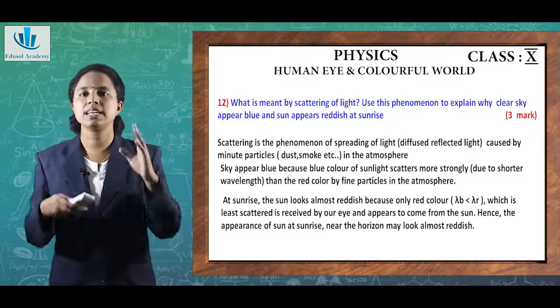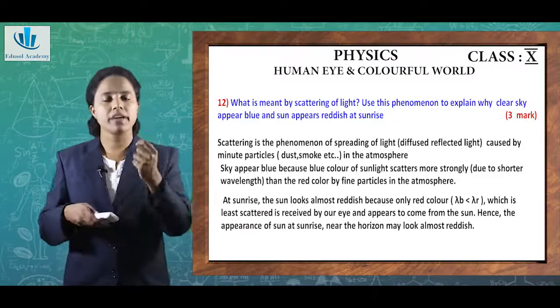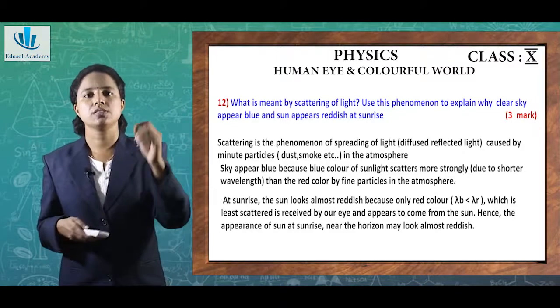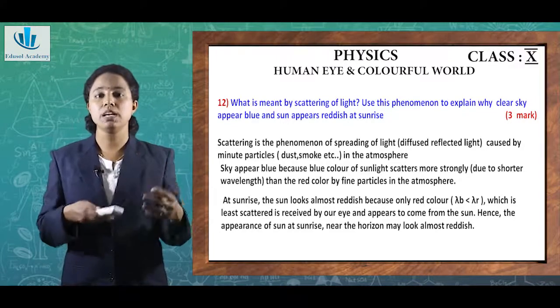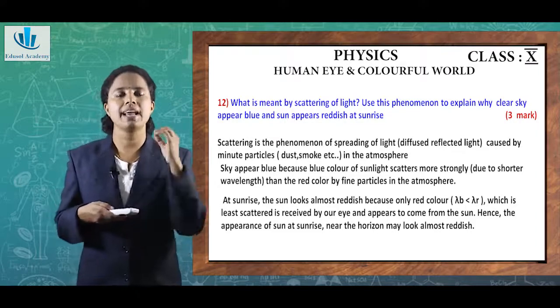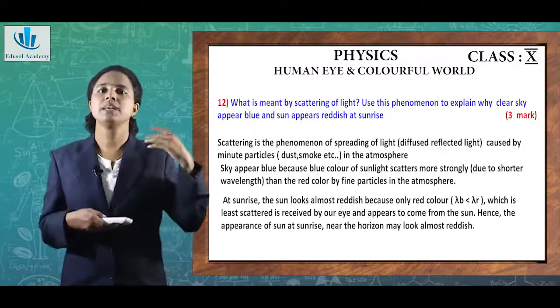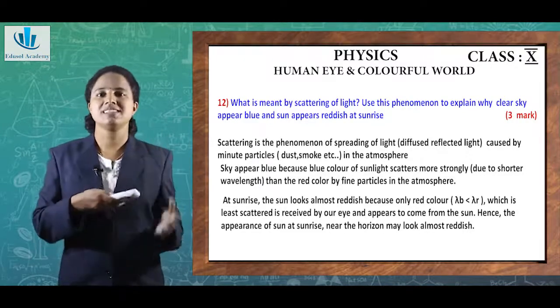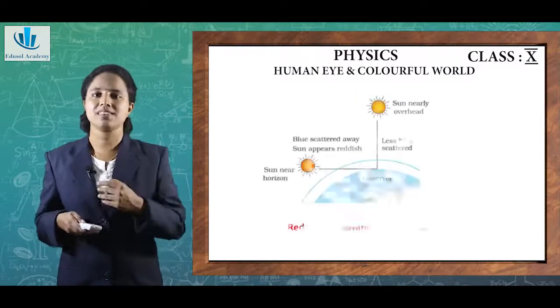So, the red color will be least scattered and it is received by our eye and it appears to come from the sun. So, the sun appears to be reddish at the time of sunrise. So, by using the phenomenon of scattering, we are able to discuss how the clear sky appears blue as well as the sun appears reddish at sunrise.